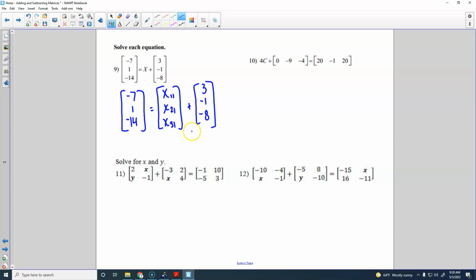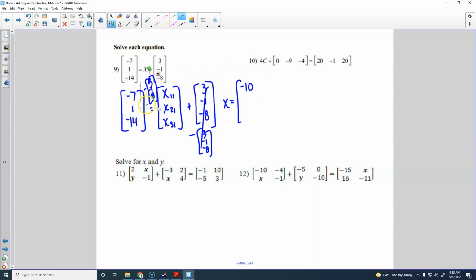So we could subtract this matrix, which means we're subtracting that matrix that's 3, negative 1, 8. You can't read it. Over here, so for x, we would get, and for x 1, 1, we would get negative 7 minus 3, which would give us negative 10.